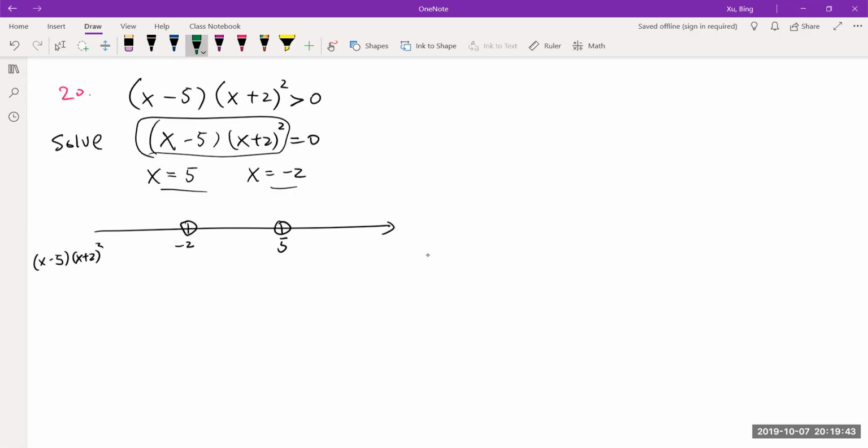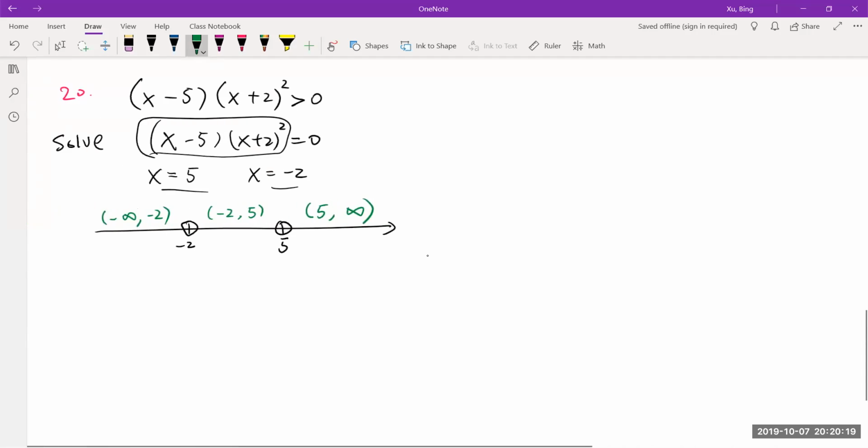Here is from negative infinity to negative 2, from negative 2 to 5, and from 5 to infinity. We want to decide which interval will be the solution to the original inequality.